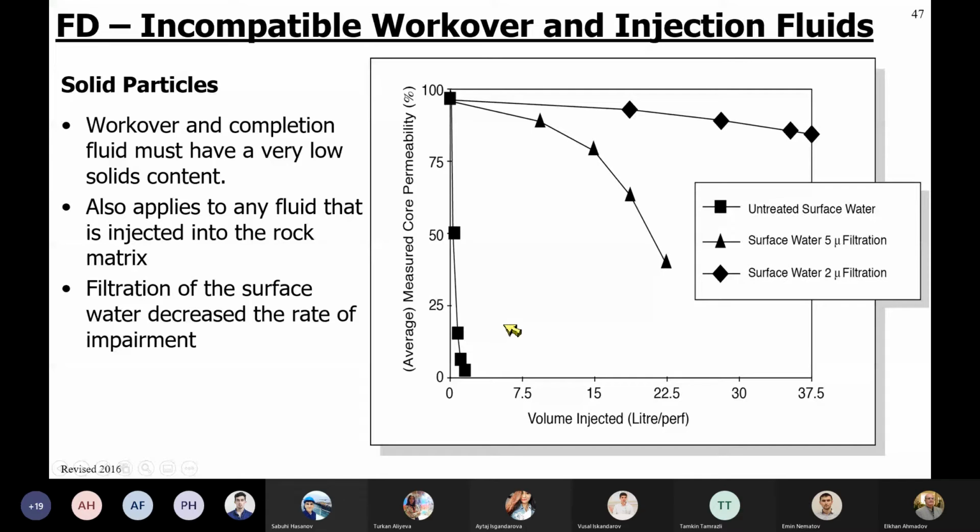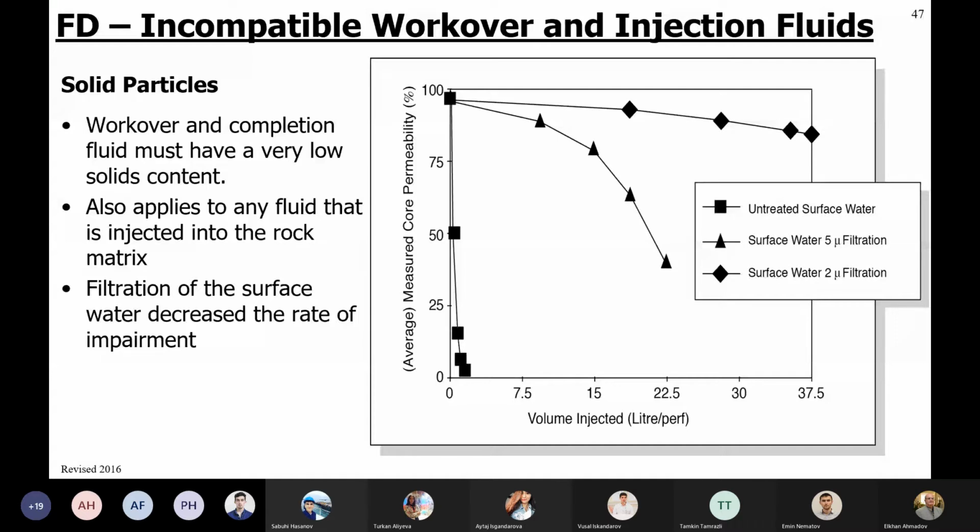This is the formation damage due to incompatible workover and injection fluids, and the effect of volumes and measured core permeability. So depending on the permeability of the reservoir, if we inject untreated surface water, we can inject only a very small amount, but if we filter the surface water from the solids, we can inject much more water through the perforations.